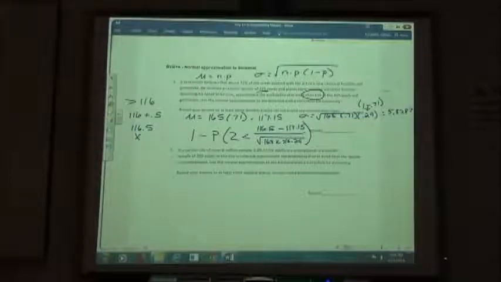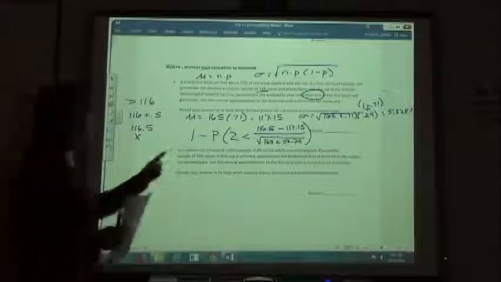And then on the bottom, the square root of your 165 times your 0.71 times your 0.29. And hit equals. Yeah, there's what I got.